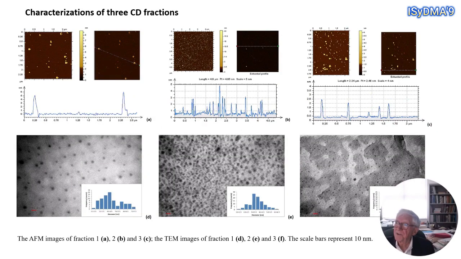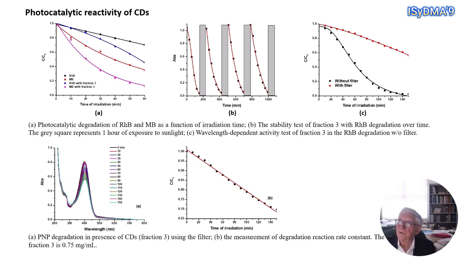And the morphology shows that we have 5 nanometer, roughly 6 nanometer, another at 3 nanometer, and finally one at 2 nanometer. The most efficient was the 2 nanometer. So there is a size influence on the photocatalytic activity.